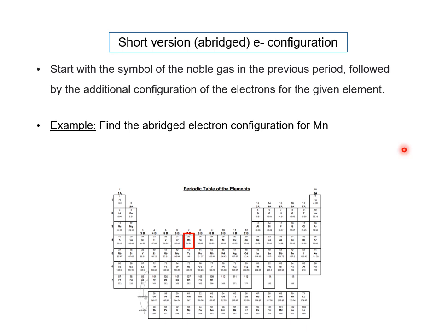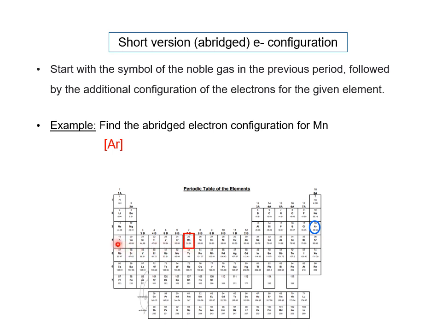So for example, with manganese, if we wanted to write the abridged or the shorthand electron configuration for it, here is manganese here. We go to the noble gas that's before manganese, which is argon. So we put argon in brackets, and then we follow it with the rest of the electron configuration up to manganese.